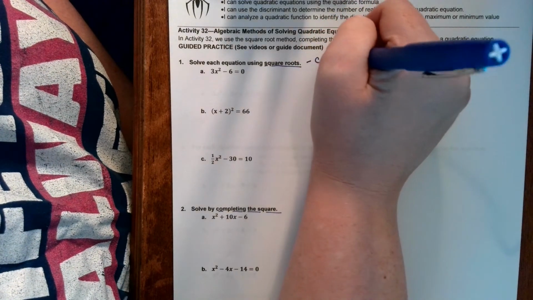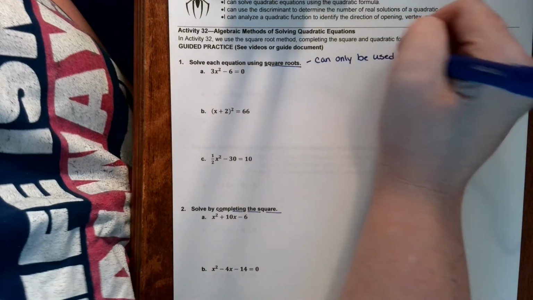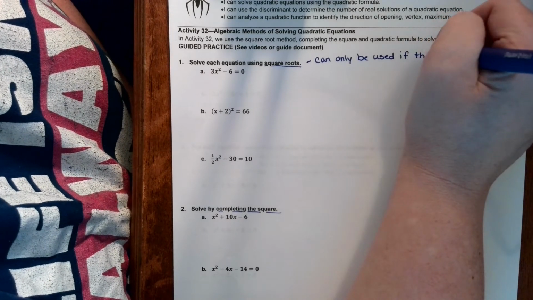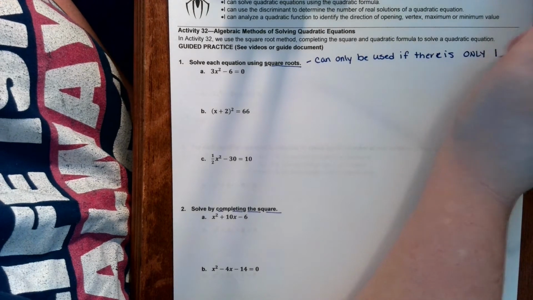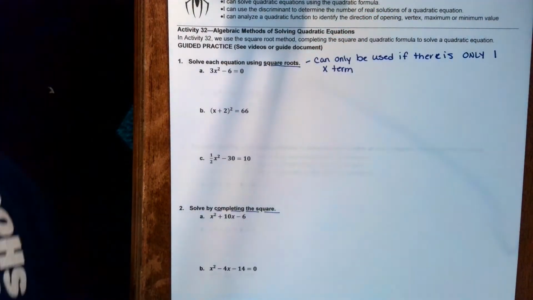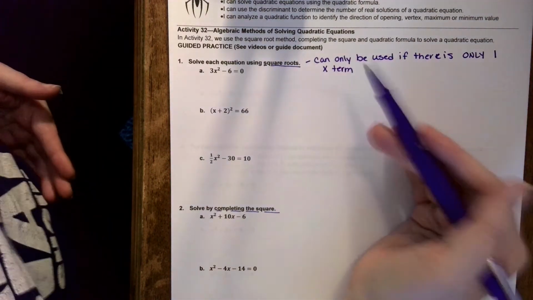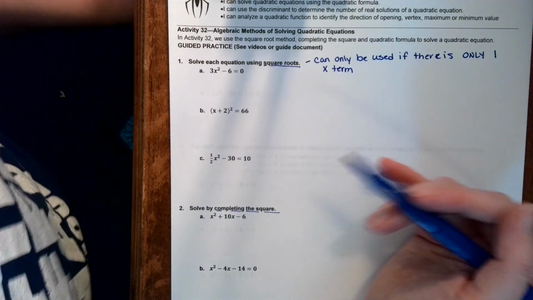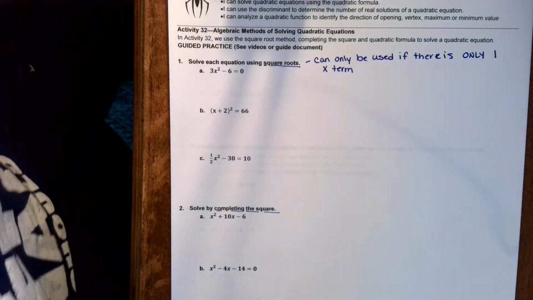can only be used if there is only one x term. So if you remember in the last video, we would have something like x squared plus 2x plus 3 or something that we had to solve, and we could factor it, but we couldn't use square roots on those because there were multiple x terms.